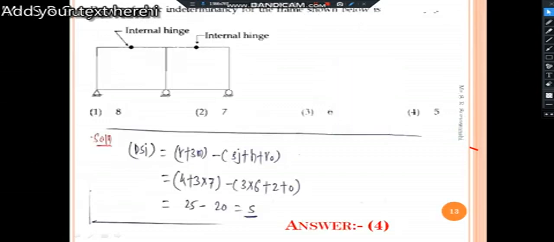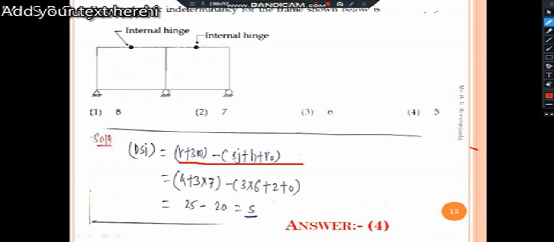The degree of static indeterminacy of the frame shown is, now they have given a rigid jointed frame. For that frame we have to find out the DSI. Now this frame has an internal hinge in it. So DSI is equal to R plus 3M minus 3J plus H plus R naught.